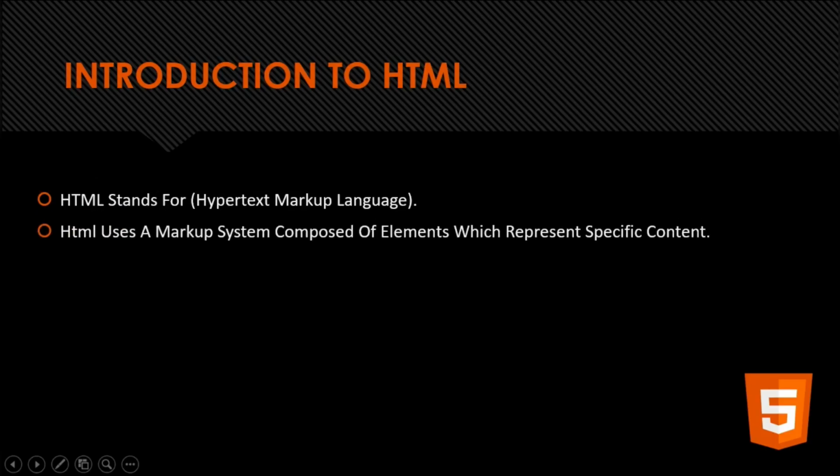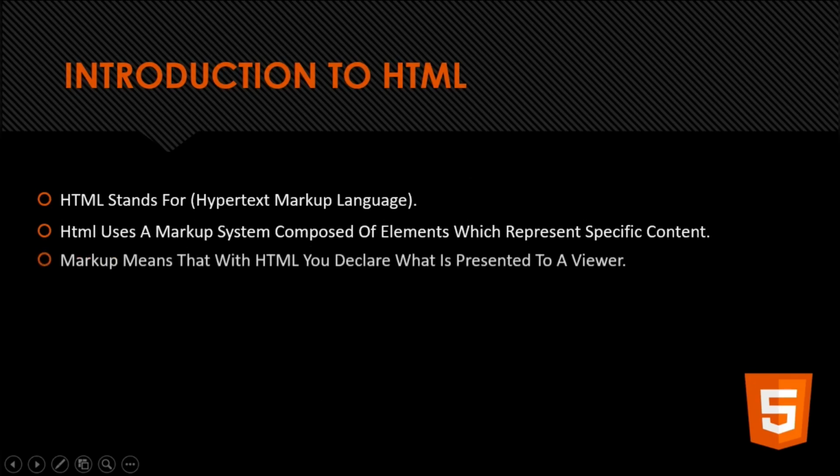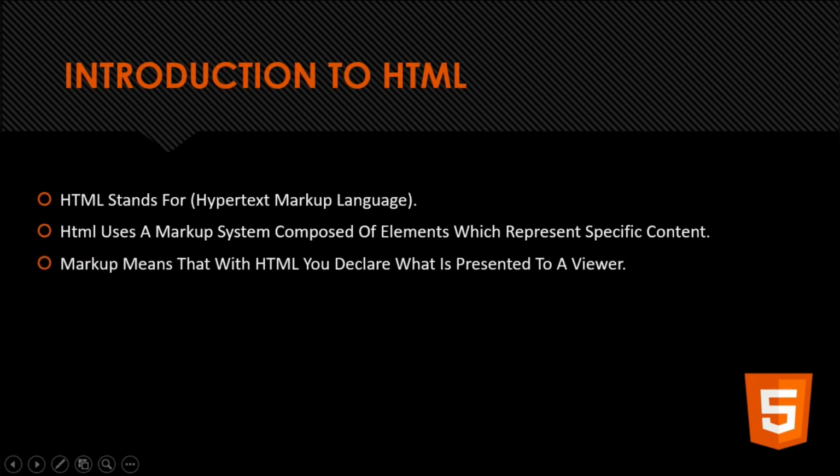The second point that I have written here is that HTML uses a markup system composed of elements which represent a specific content. It means that every element in HTML represents a specific content. And markup, what do we mean by markup? Markup means that with HTML you declare what is represented to a viewer.